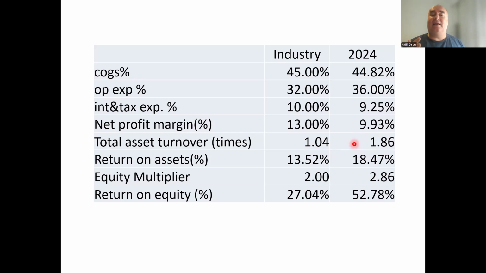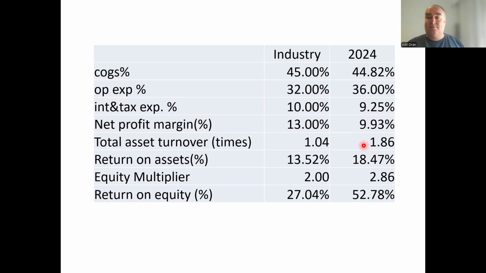And this may be leading to their big success at generating significantly more sales out of our investment in assets. So the high operating expense might be due to helping this company generate higher sales. And this, again, potentially could explain a few things together in this analysis.